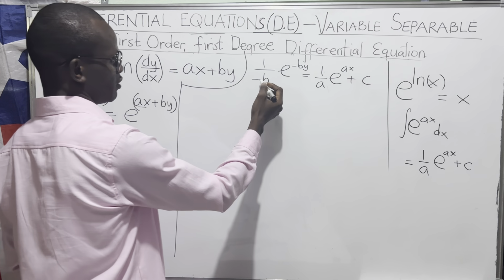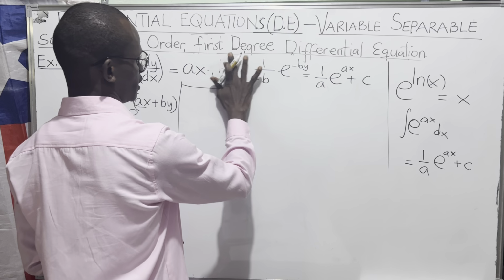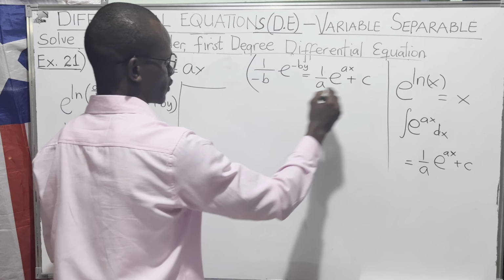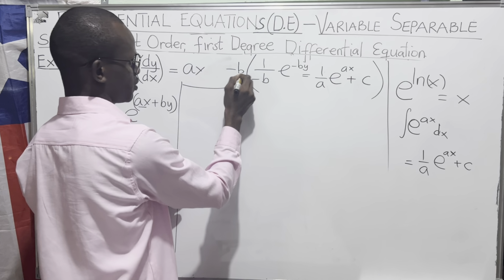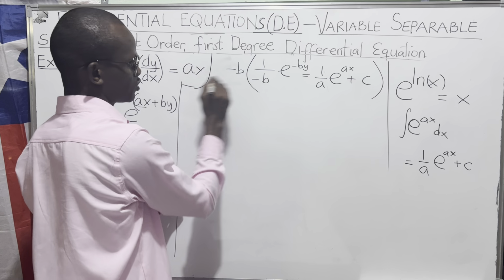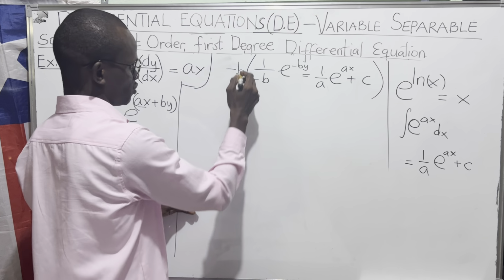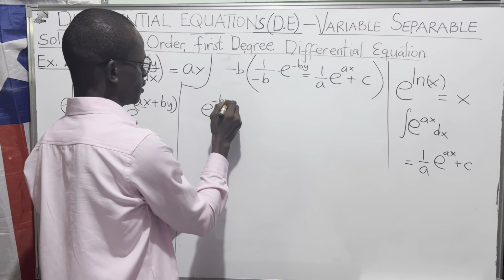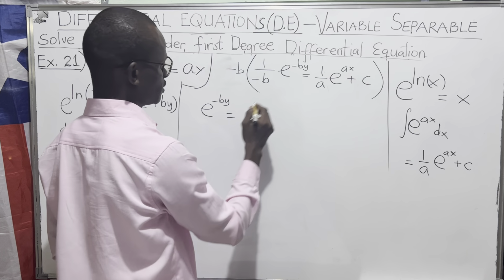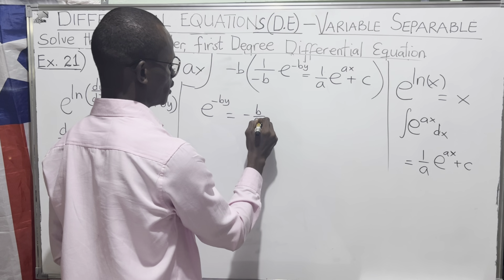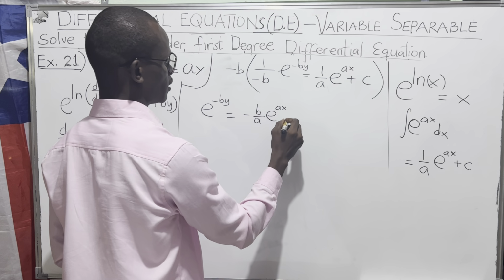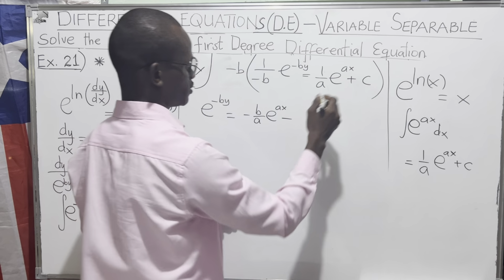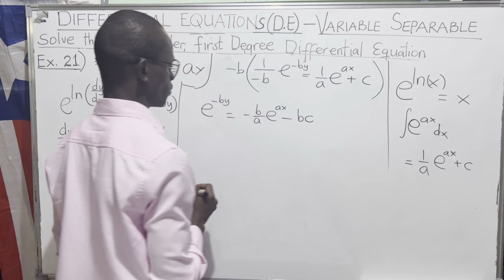So we can multiply all sides by minus b to get rid of this b down here, so that we are able to solve for y. So b times this one is just equal to e raised to minus by equals minus b over a e raised to ax minus b times this one, which is just bc.